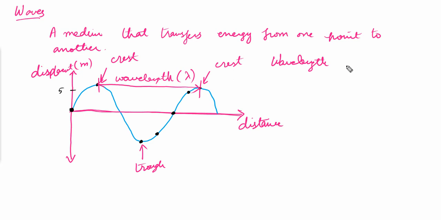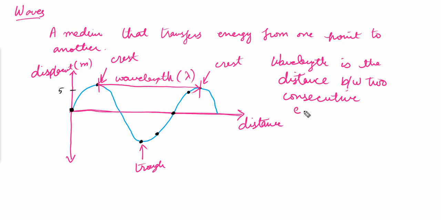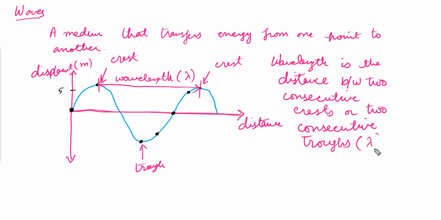Wavelength is the distance between two consecutive crests or two consecutive troughs. Alright, so now we represent wavelength by this symbol.